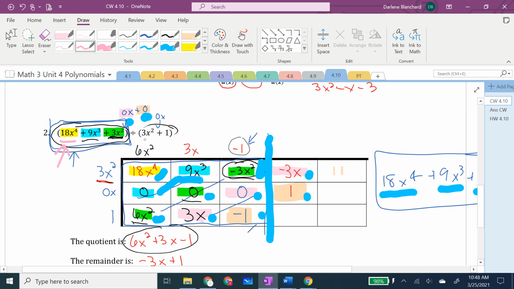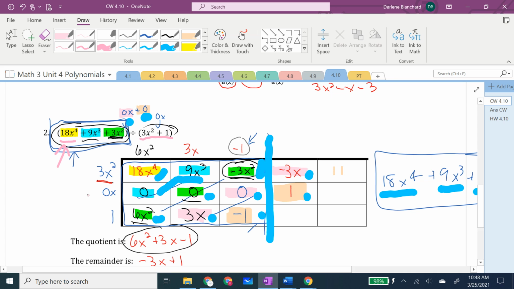What I'm dividing by, I also have to account for, but I'm looking at first, what is the largest exponent? That largest exponent is 2. So I have to account for x to the second power. I have to go down 1 and account for x to the 1 power, and I have to go down 1 and account for the constant.